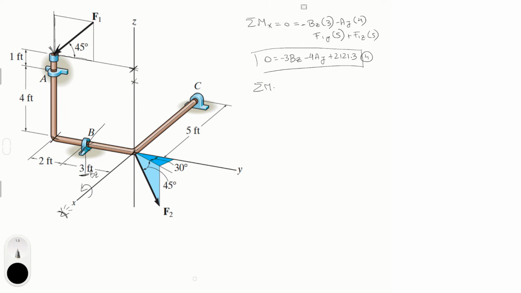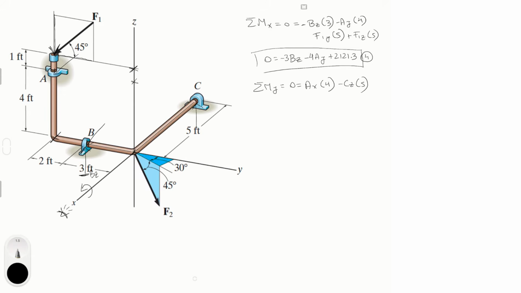So doing something similar, the sum of the moments about the y is equal to 0, and it is equal to, about the y, we have AX times 4 minus CZ times 5. AX is creating a moment about the y. AX is this one right here, and CZ is this one right here.